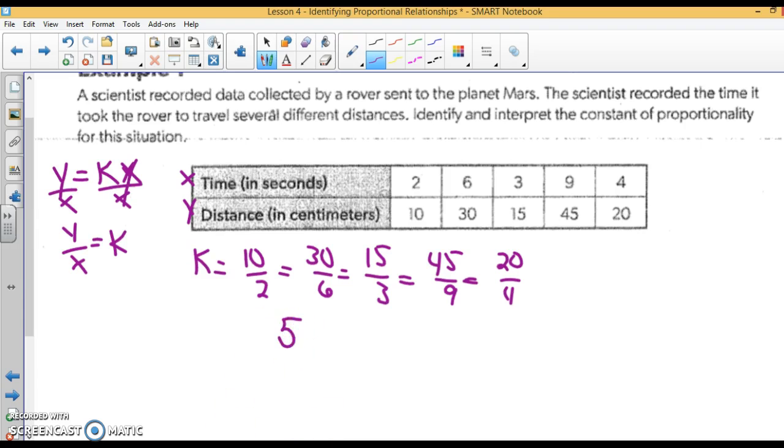Now, not only is it 5, but let's figure out what the label is on it. It's 5 centimeters per second. So, when you are looking at this set of data, the unit rate, or constant of proportionality, or rate of change is exactly the same for every ordered pair, and it's 5 centimeters per second, so it is proportional.